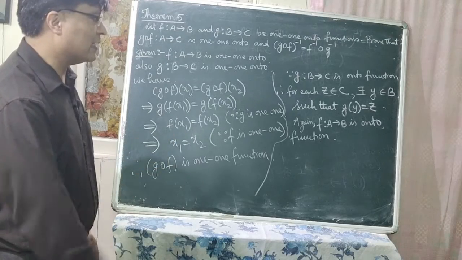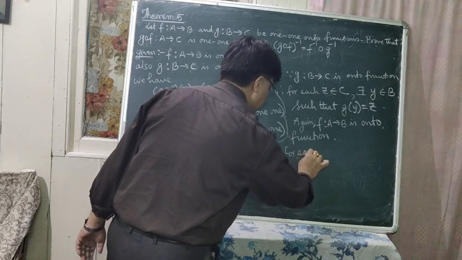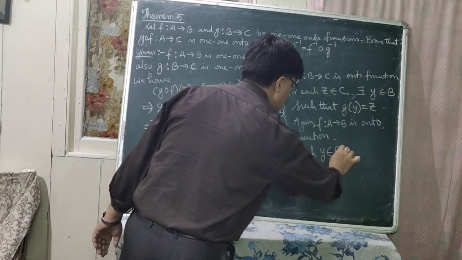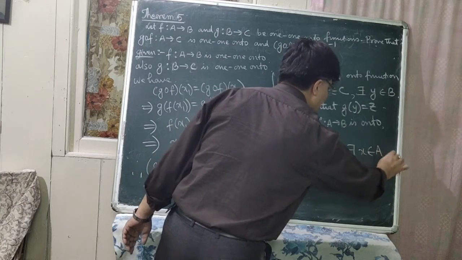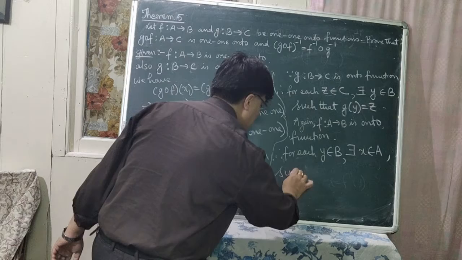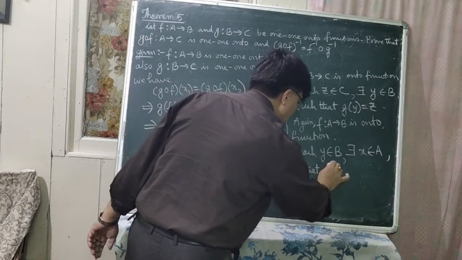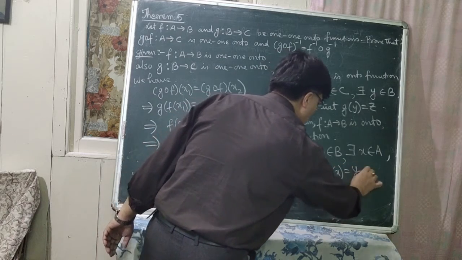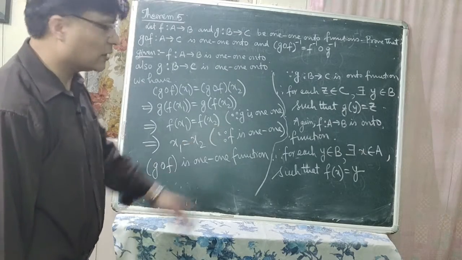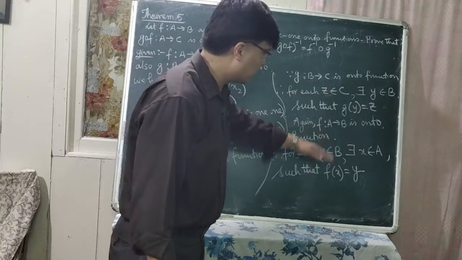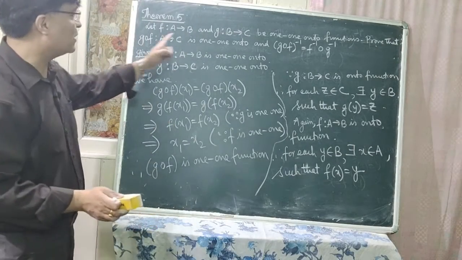Therefore for each y belongs to the set B, there exists x belongs to the set A such that f of x is equal to y. So I think you have understood it. So this is from the definition of onto function. Now we have to prove that g∘f is an onto function.